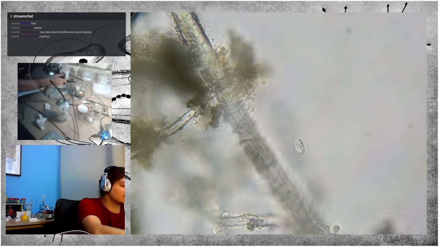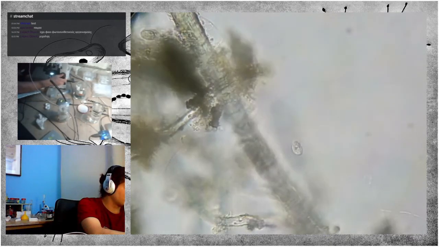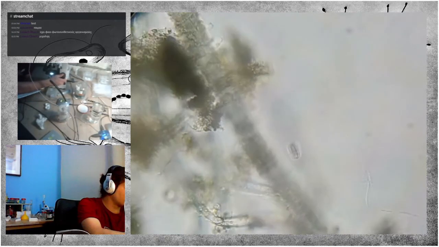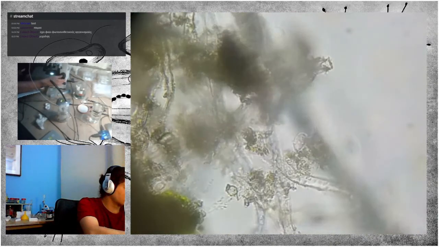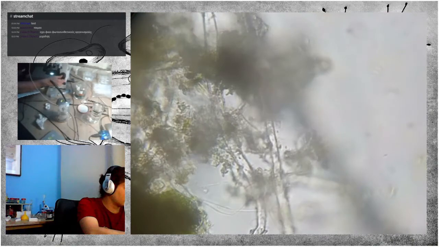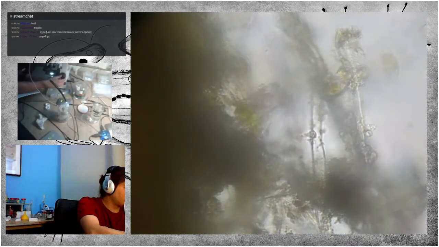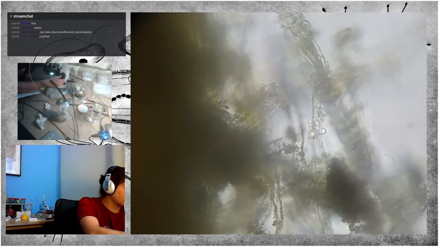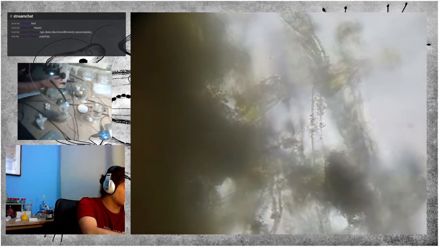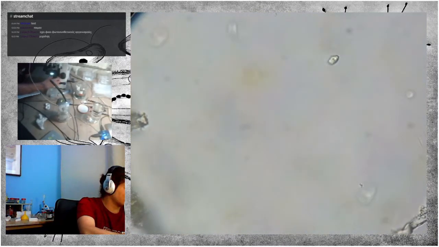It doesn't have the shape that the identification book specifies. Oh, what was that? This, I don't think you saw it. There was something moving, and I think that was a flagellate.